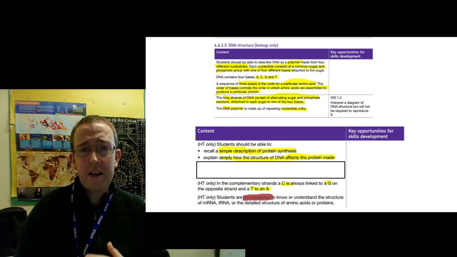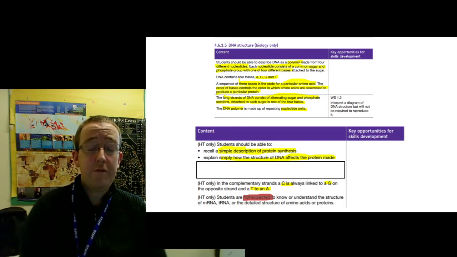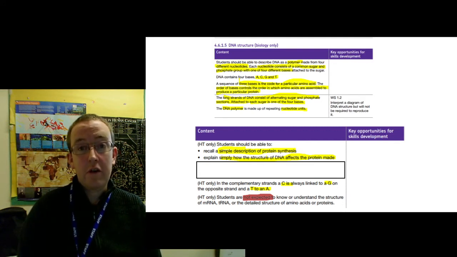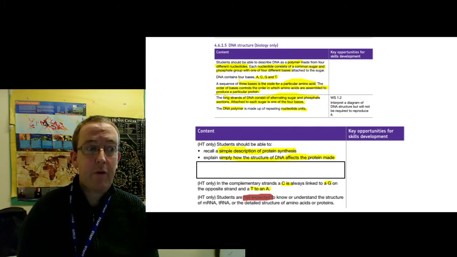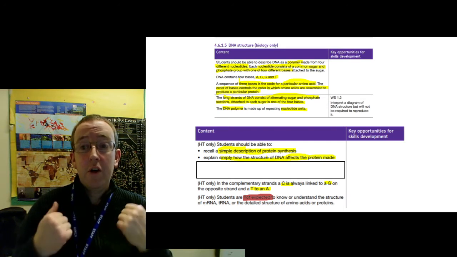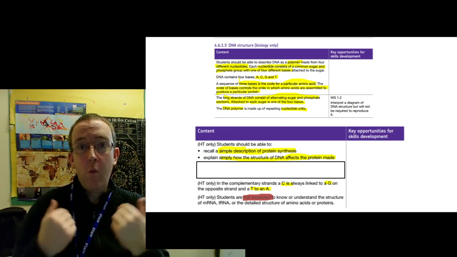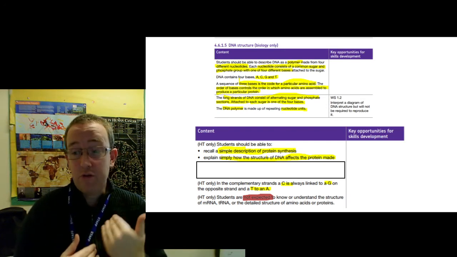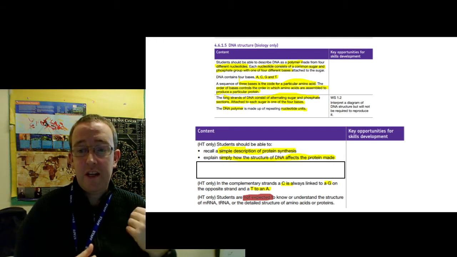Okay, now the higher tier stuff, which of course is where most of you watching this video will be aiming, is essentially a simple description of how proteins are made, how it is that the code on the DNA becomes the order of amino acids in a protein, and how that protein then goes on and does its job. And of course you must remember complementary base pairing, which bases pair together always regardless of species, C's to G's, A's to T's.